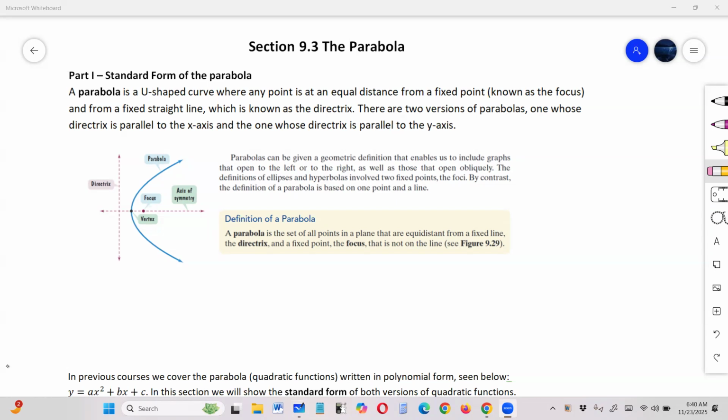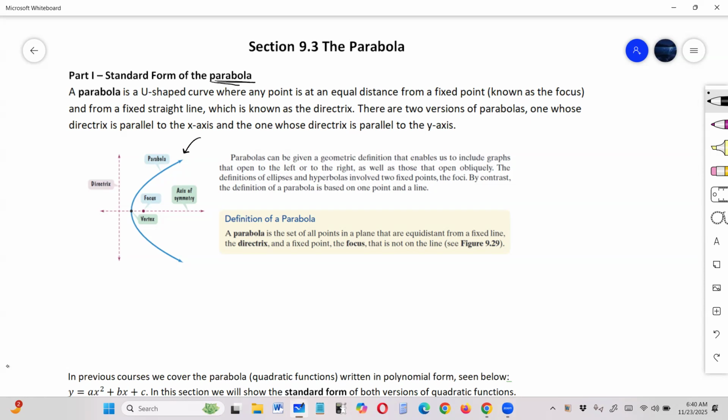than the origin. Okay, so on a previous course, especially in your algebra course, you've covered the parabola. So the parabola is the name that we give to a function that looks like this. It's parabolic shape, its graph.